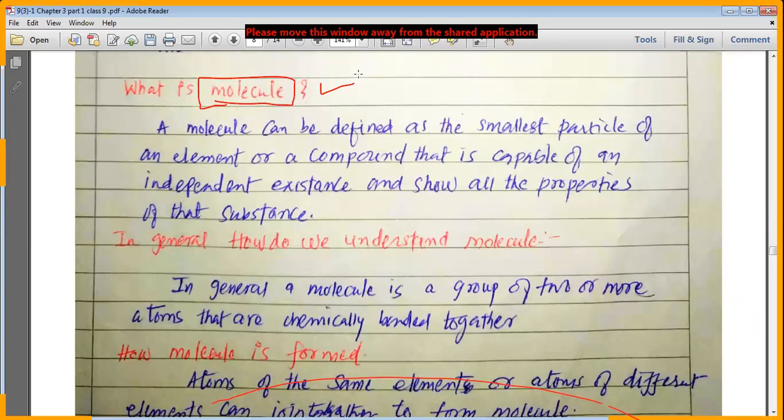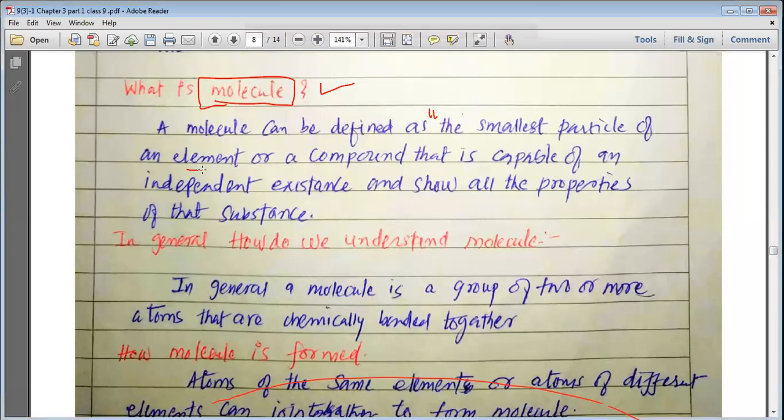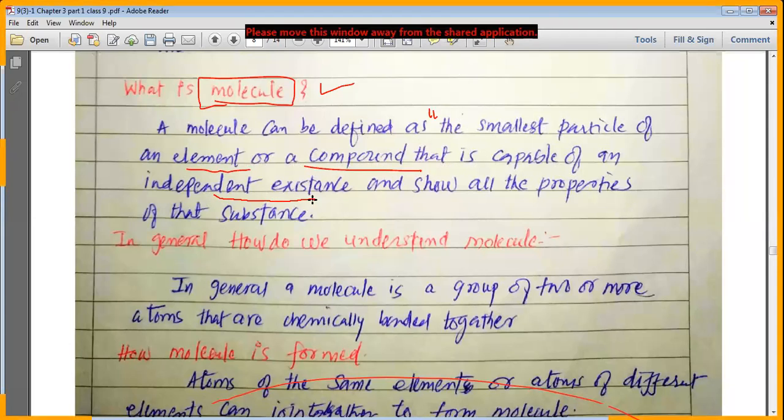A molecule can be defined as the smallest particle of an element or a compound that is capable of an independent existence and shows all the properties of that substance.